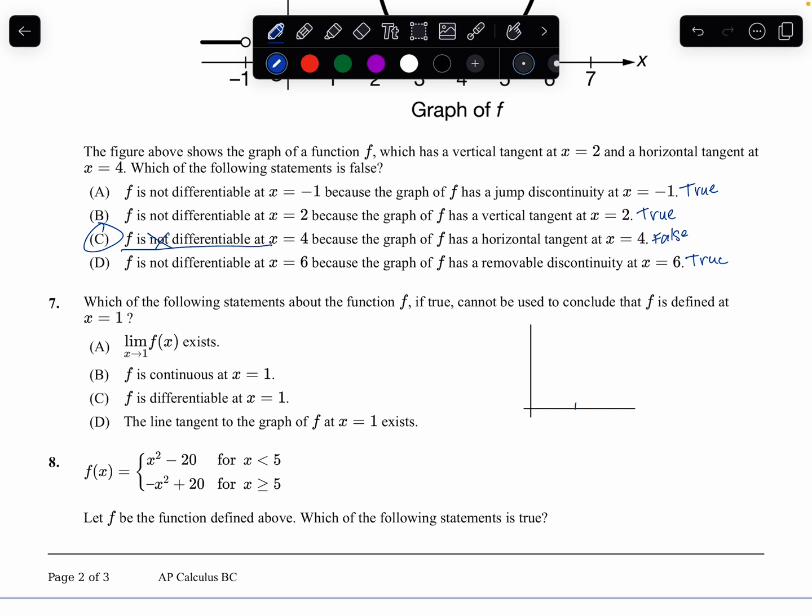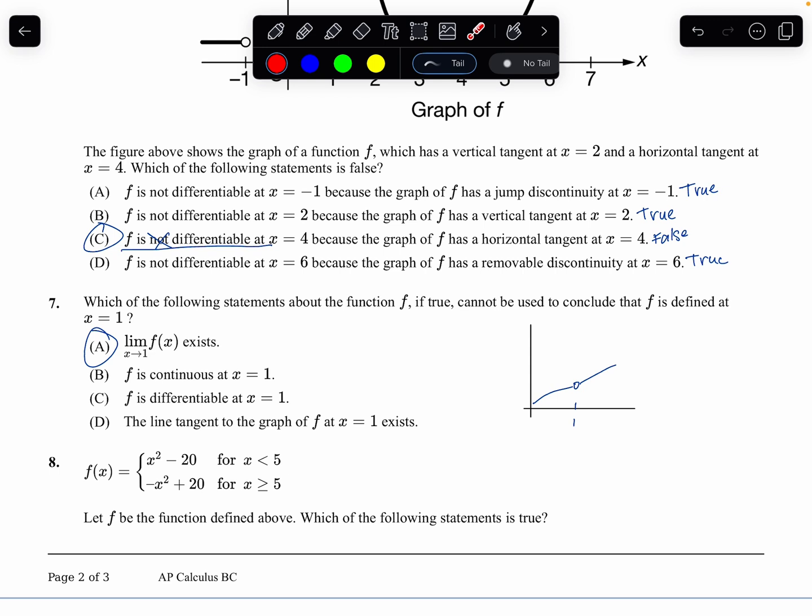So at x equals 1, the limit exists. That just means that the graph from the left is going to the same place as the graph from the right. But there could be a hole here, and the limit would exist at x equals 1, but we're not defined here, right? Now, the other case is, f is continuous at 1.